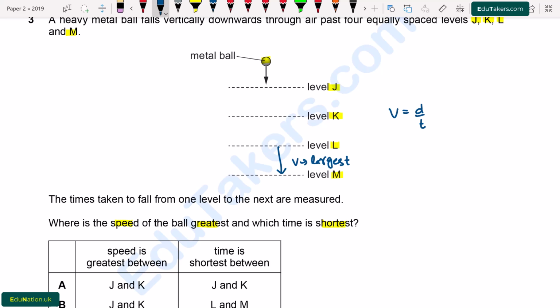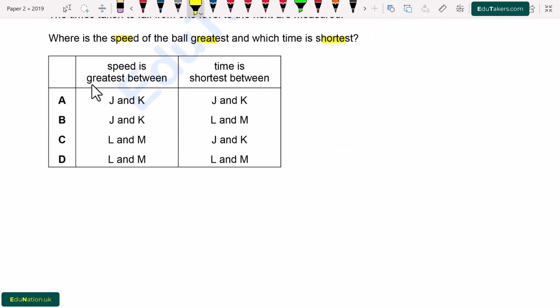So from level L to M, the time is shorter but the speed is largest. Now we see the options. Speed is greatest between, time is shortest between. Different levels are shown. From here in the D option, L and M levels are shown. So option D is correct.